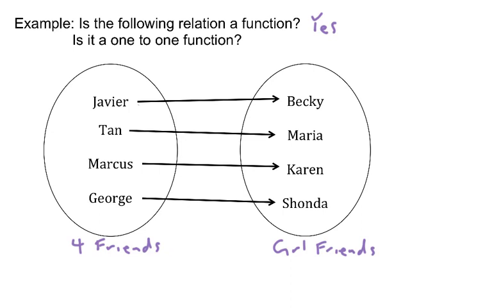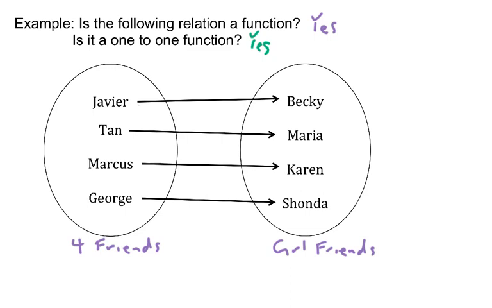Is it a one-to-one function? And again, let me pause on this one. Do you believe that it is true that no two different ordered pairs have the same second coordinate? And I think this is true as well. So no person is paired with more than one person on the other side. That would also be a problem. This is a one-to-one function, yes. No two different ordered pairs have the same second coordinate.